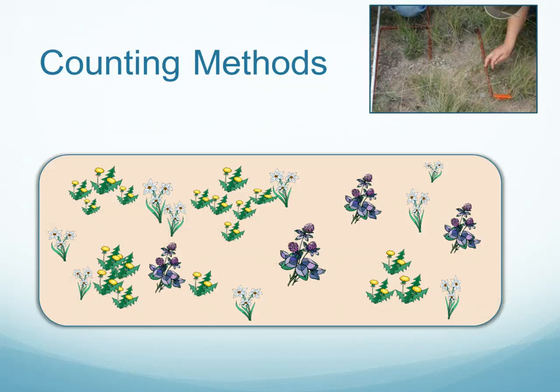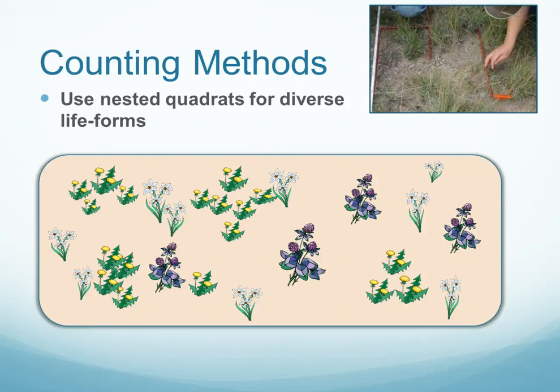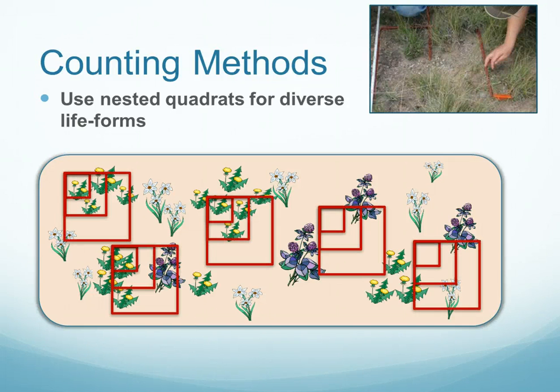Now you may wonder, what if I'm interested in multiple plants that have different sizes and that are distributed differently in the landscape? In the case of diverse life forms, we will use nested quadrats, where we use different size quadrats that are measured simultaneously. So in the placement of a nested quadrat, we do multiple measurements inside these multi-sized quadrats.